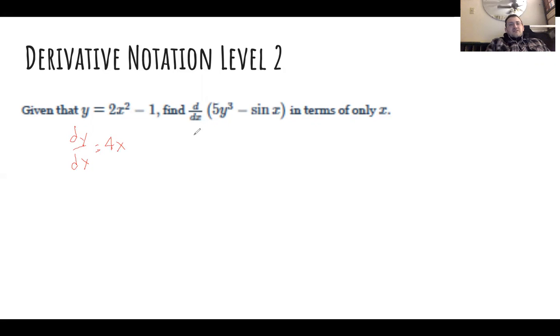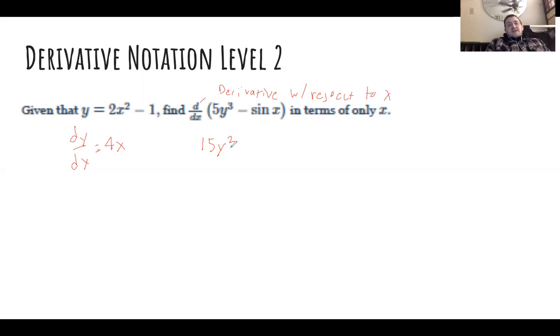Now, if I want to find d dx, the derivative with respect to x, here I've got a y term, so I'm going to take the derivative of this. So I have 15y squared.